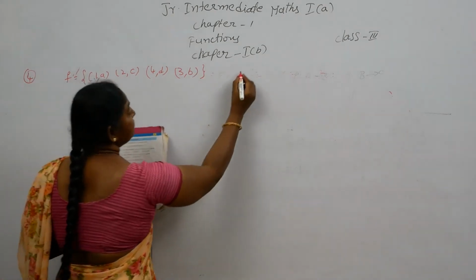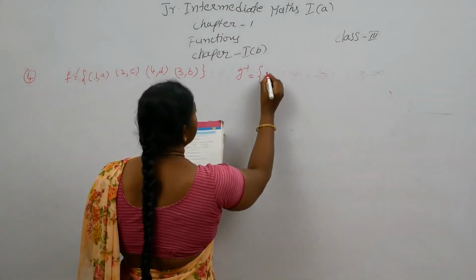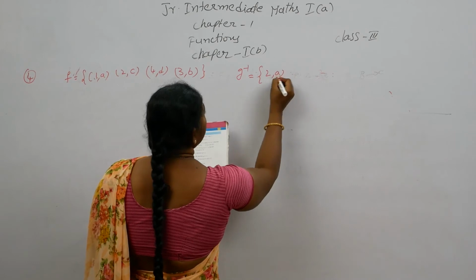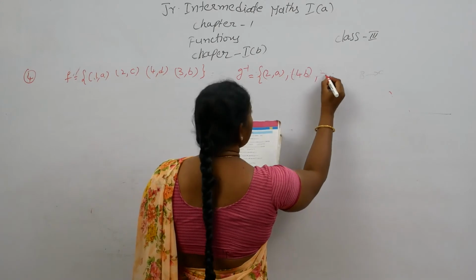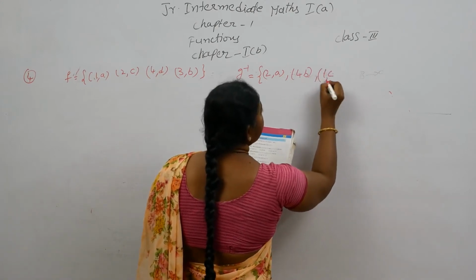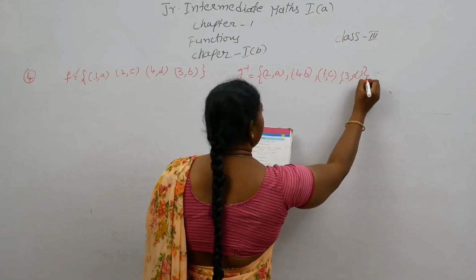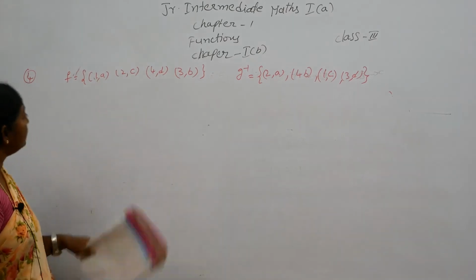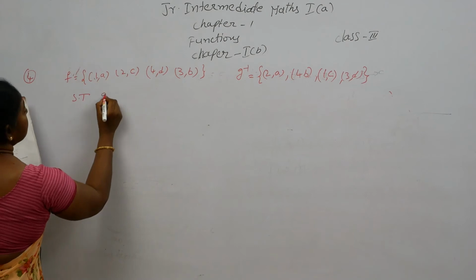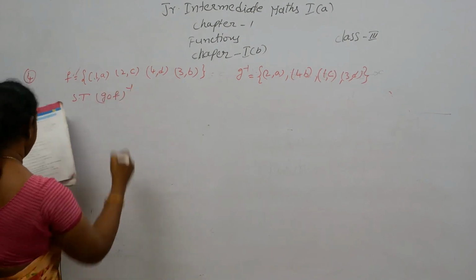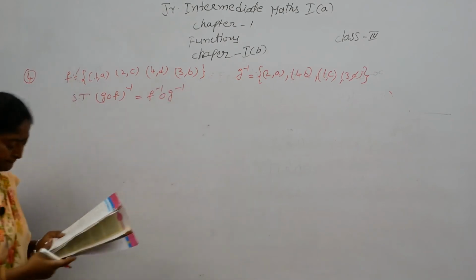And g inverse equal to set of ordered pairs 2 comma a, 4 comma b, 1 comma c and 3 comma d given. So we have to show that g of f inverse equal to f inverse of g inverse.